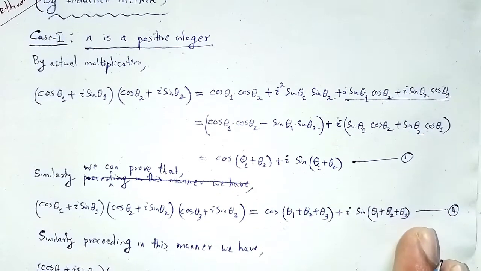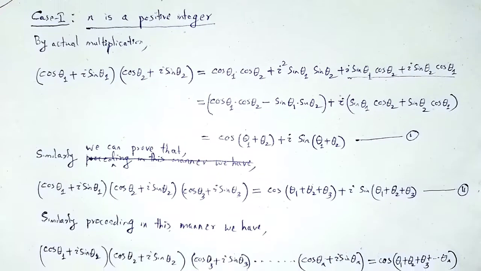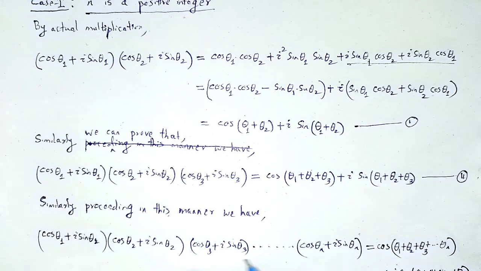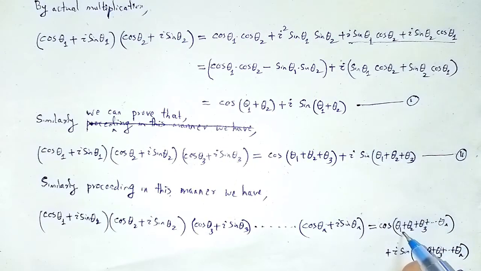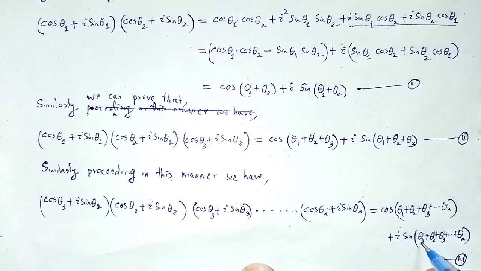In a similar manner, we proceed up to n number of terms. So we write it as: multiplying n number of terms with each other results again in cos and sin of the angle where we add n number of terms.